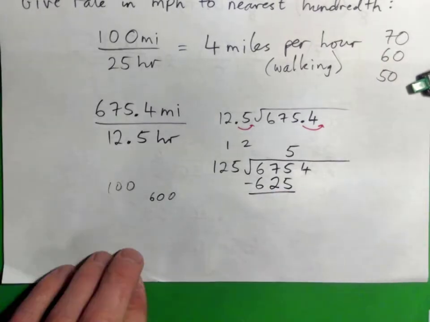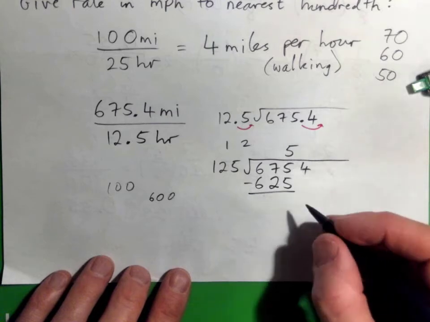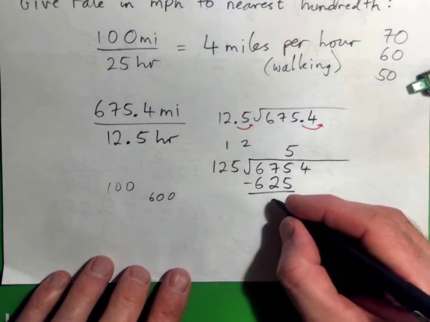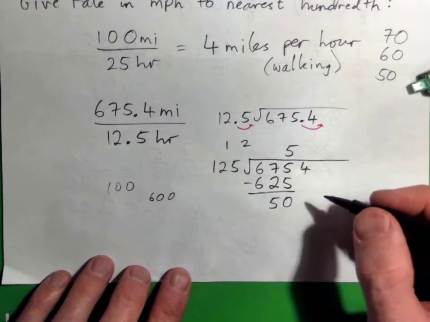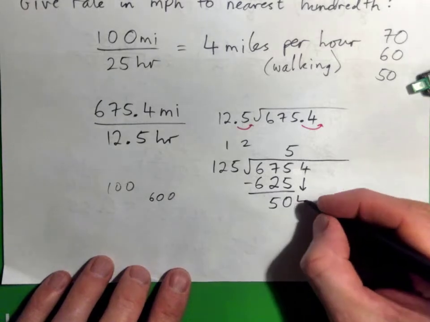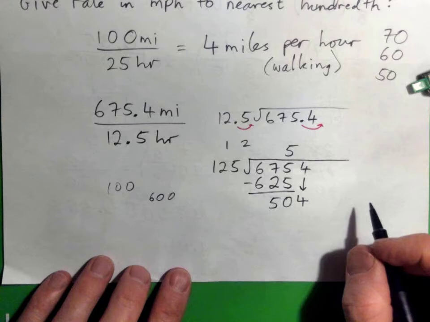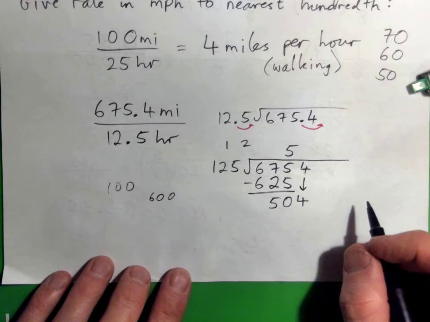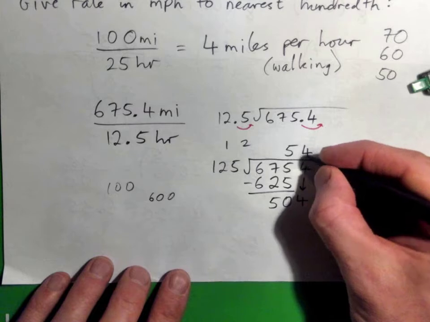And now subtract. 675 minus 625 is 50. And we must bring down 4. So 125 into 504. 125 into 500 would be 100, so 4 times would be a good guess.